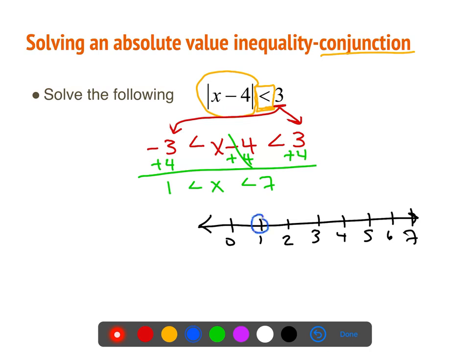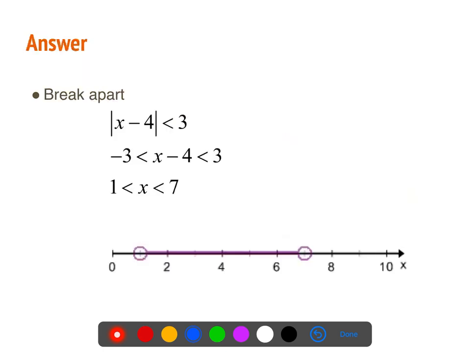Which means since there's no lines underneath, at 1 and 7 they're open circles shaded in between. Or there'll be parentheses at 1 and 7. Conjunction. That's shaded or sandwiched in between. And that's the less than or less than equal to case that does this.